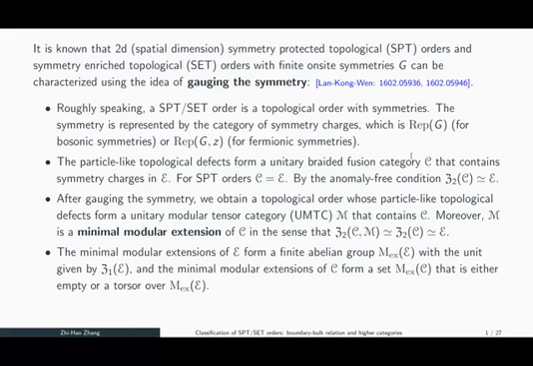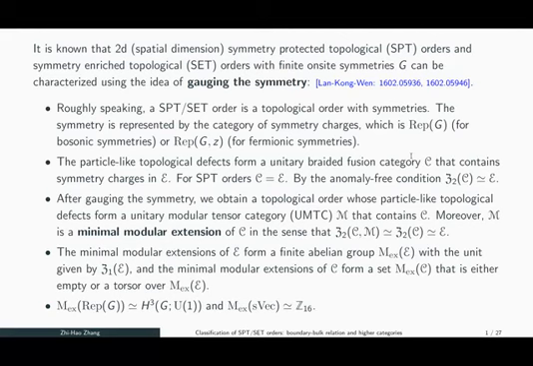For a general braided fusion category C, the minimal modular extensions form a set that is either empty or a torsor over the group of minimal modular extensions of E. For example, when E is Rep-G, the minimal modular extensions form a group which is isomorphic to the group cohomology H^3. And when E is sVec, the category of super vector spaces, the minimal modular extensions form a cyclic group of order 16.